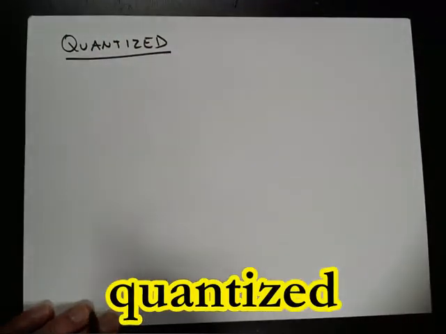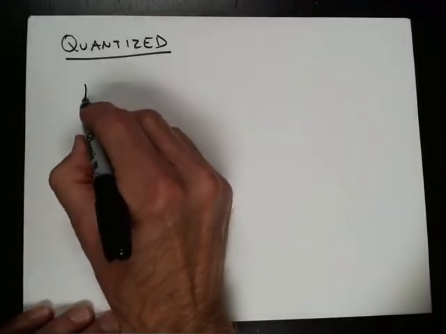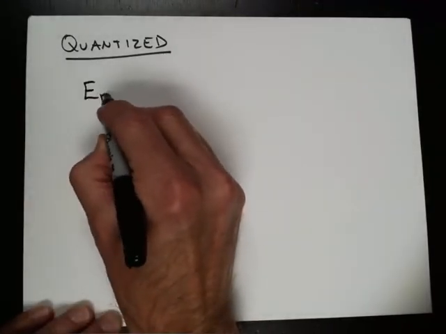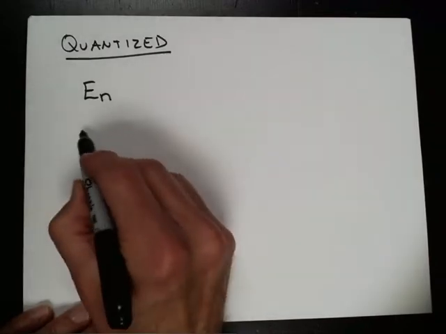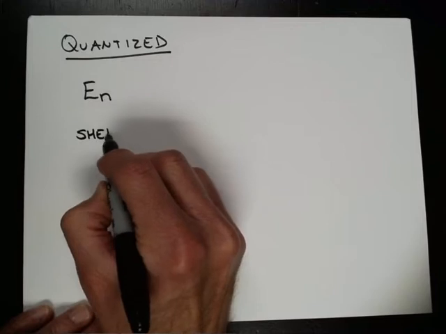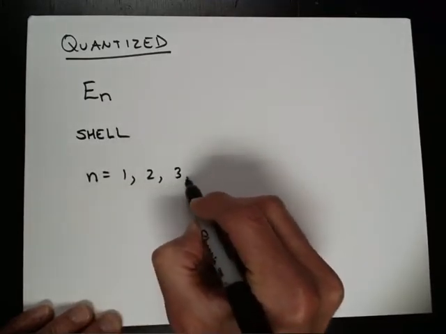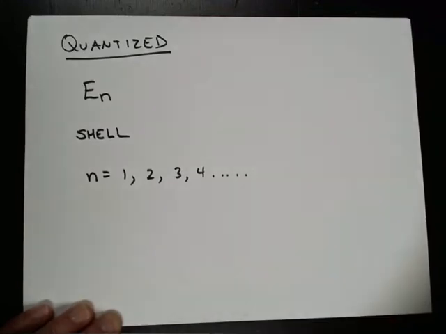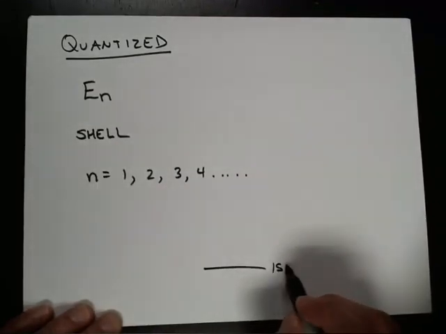That is to say that the electrons could have certain energies, and those energies were described by this equation. The energy of an electron in the nth shell, where n can be equal to 1, 2, 3, 4, any integer. Say an electron in the first shell.